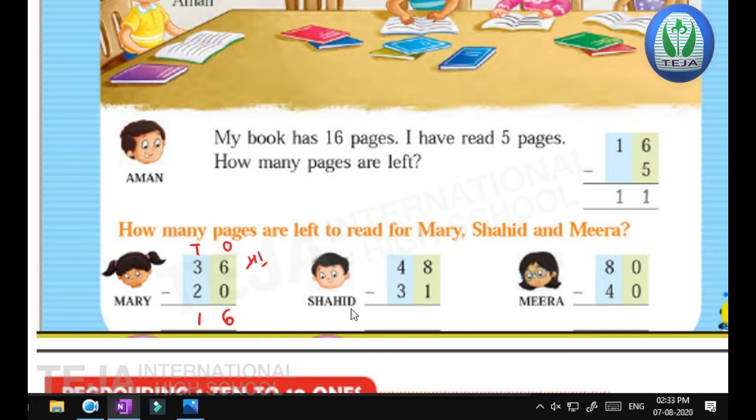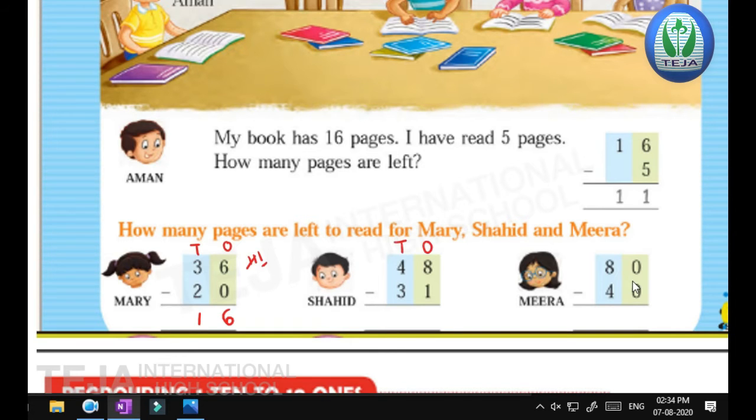Now we'll see how many pages Shahid has to read. Shahid's book consists of 48 pages. Out of 48 pages he read 31 pages. Now we have to find how many pages are left to read for Shahid. So subtract the total number of pages minus the number of pages Shahid read. So 48 minus 31. Write the place values, children.